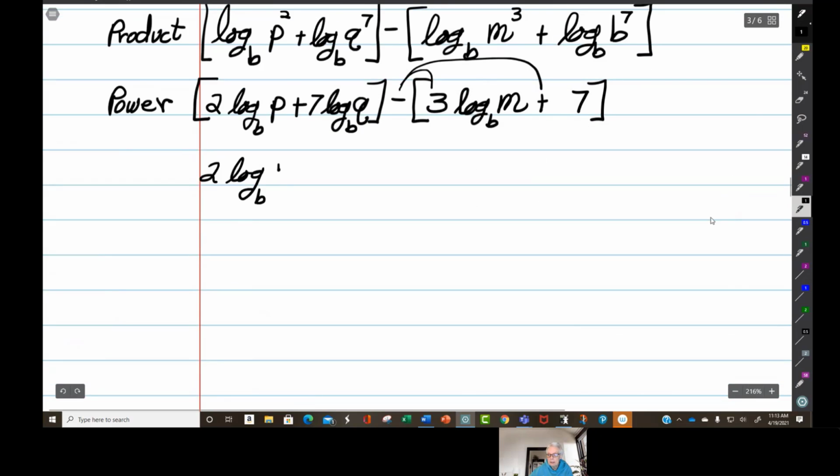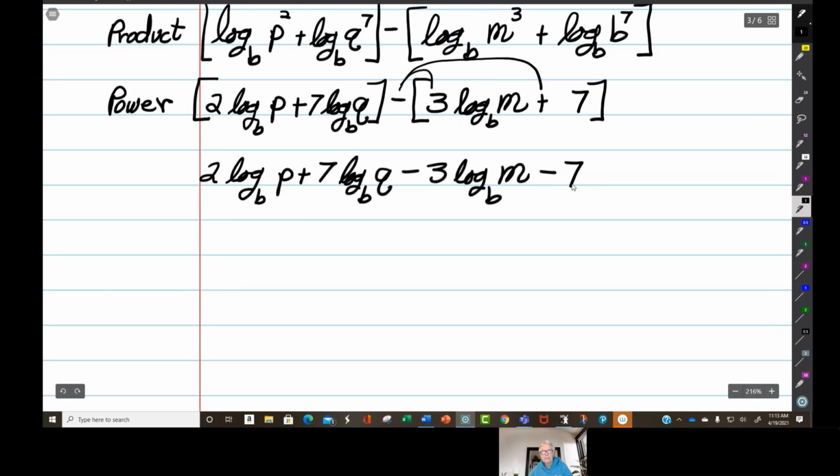Yes, it is. p plus 7 log base b of q minus 3 log base b of m minus 7.